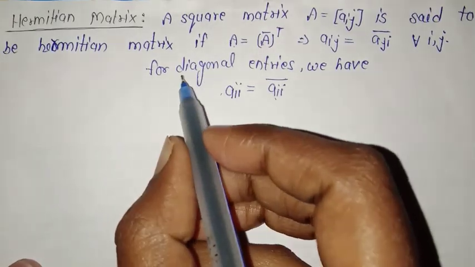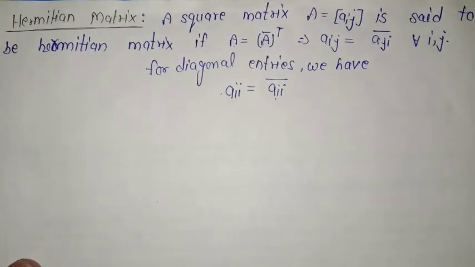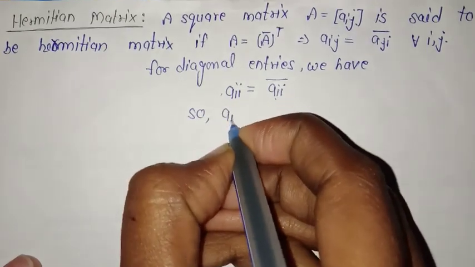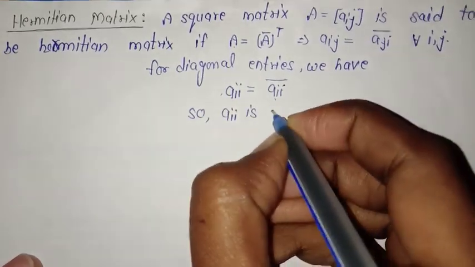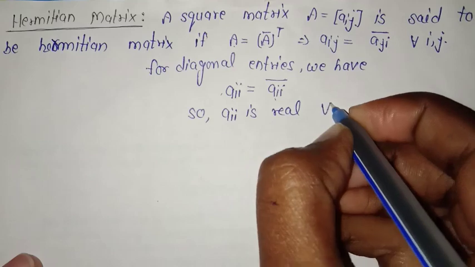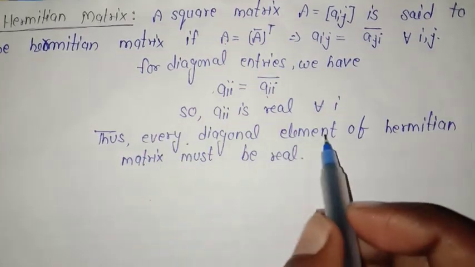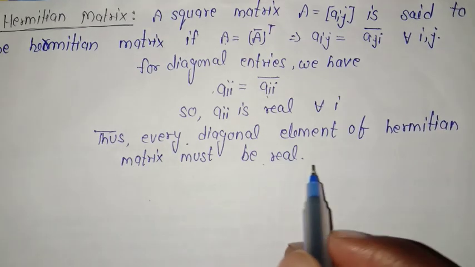So diagonal entries of a Hermitian matrix must be real. So Aii is real for all i. So every diagonal element of a Hermitian matrix must be real.